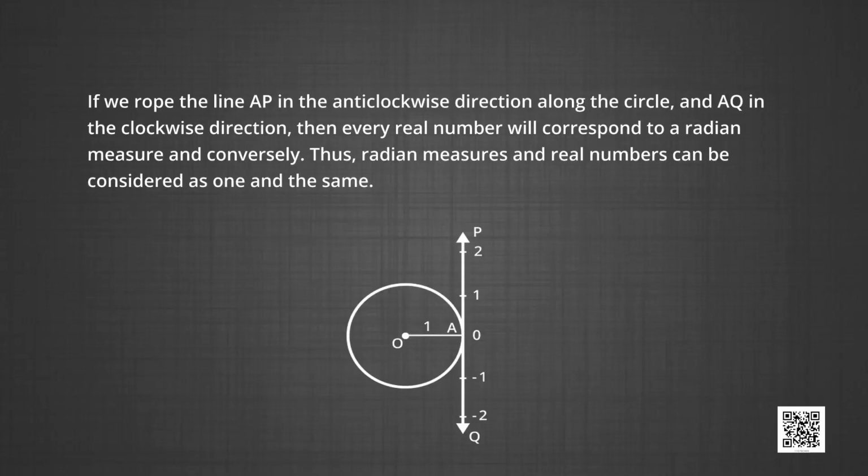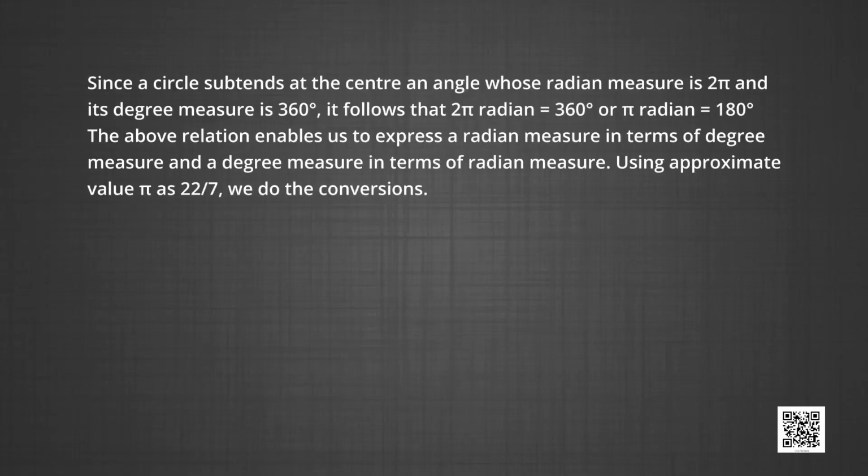Thus, radian measures and real numbers can be considered as one and the same. Since a circle subtends at the center an angle whose radian measure is 2 pi and we know that its degree measure is 360 degrees, it follows that 2 pi radians is equal to 360 degrees, or pi radian is equal to 180 degrees.